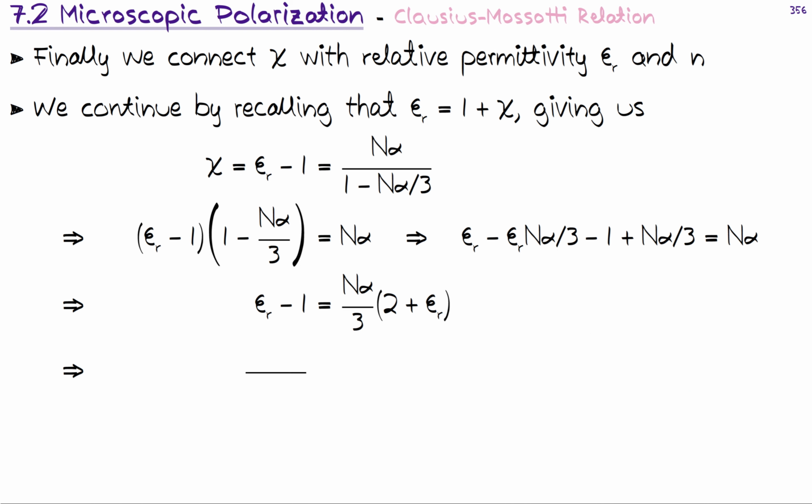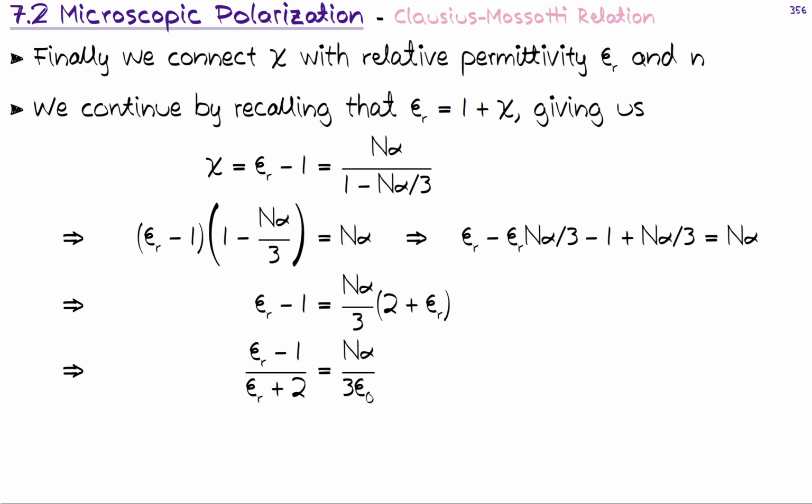And now we can collect the terms that have the relative permittivity on both sides and make a fraction out of them. We end up with epsilon r minus 1 divided by epsilon r plus 2. So we multiply this term from the right-hand side into the left-hand side, and then we are left with n alpha per 3 on the right-hand side of the equation. So this is what we have.